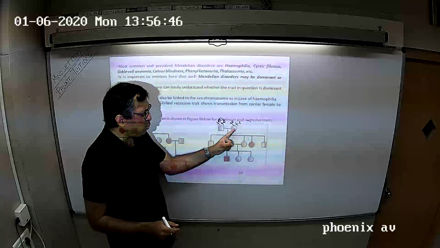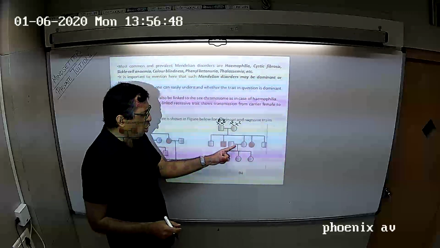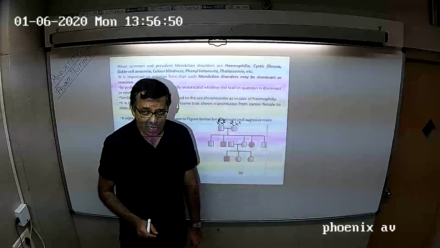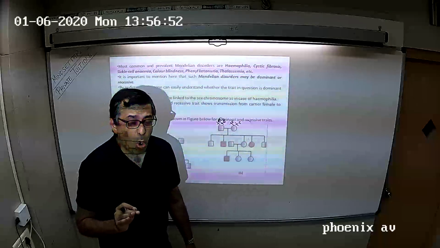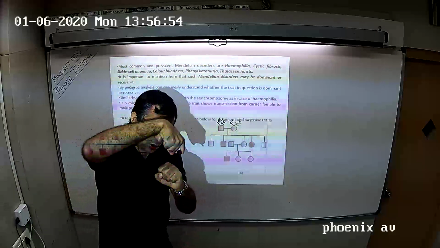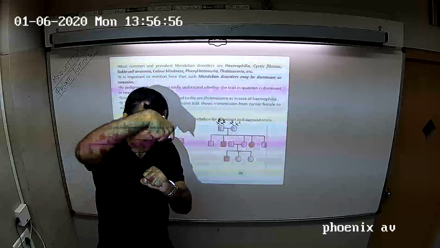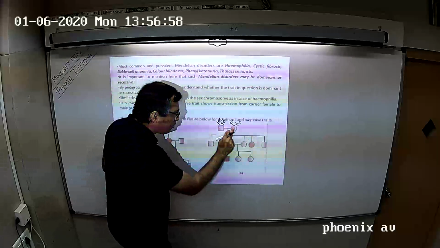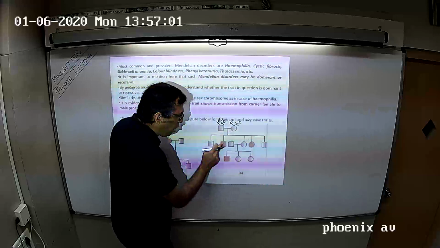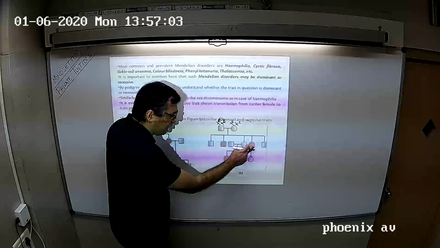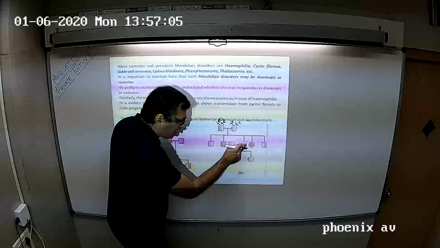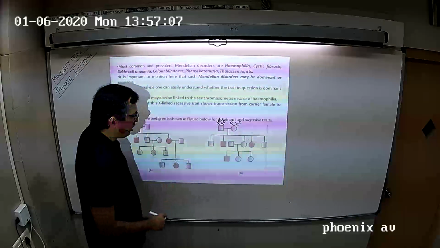If it skips one generation, it cannot be found in the next generation. Whatever, in an autosomal dominant disorder, if it skips one generation, it cannot be found in the next generation.